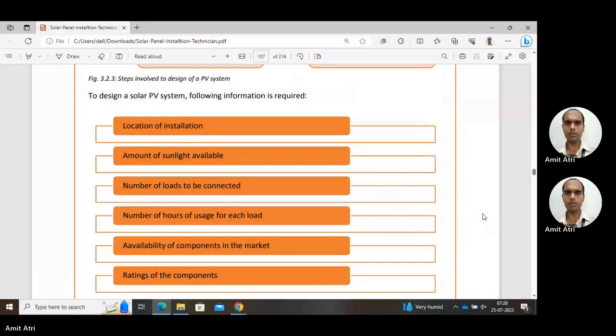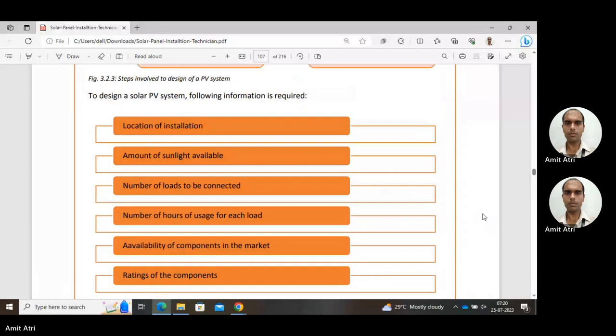Okay, then availability of components in the market. Also we have to check that the components we want for our solar PV system are available in the market. If it is not available, then it is very difficult to install the solar panel system. Or if we have to make arrangements from a very far location, that will also not be easy.